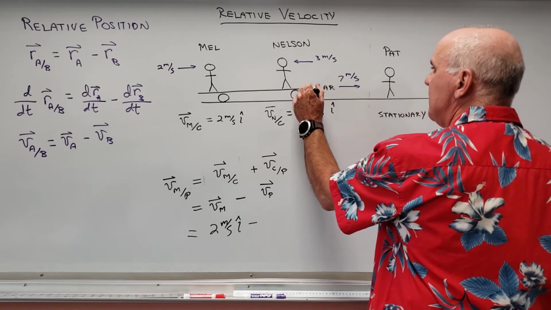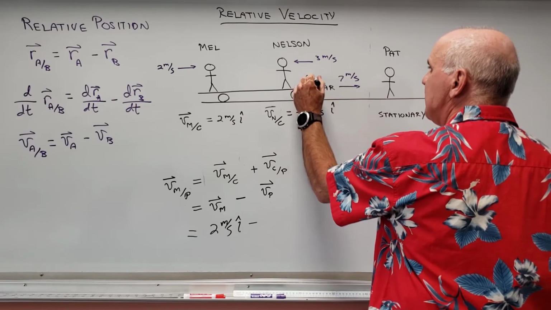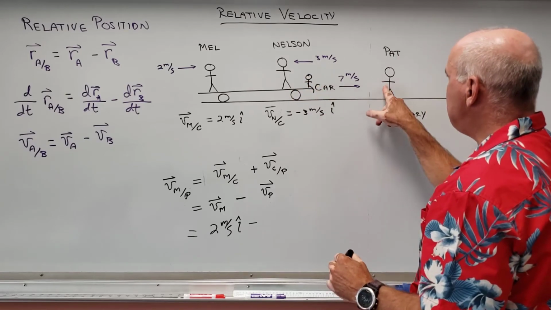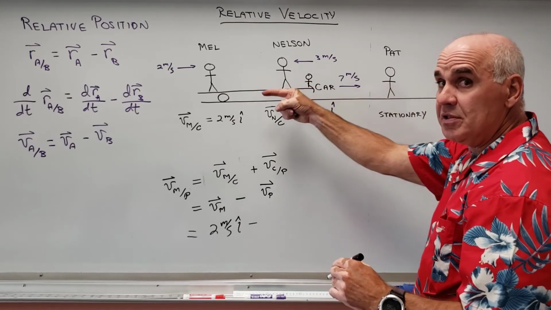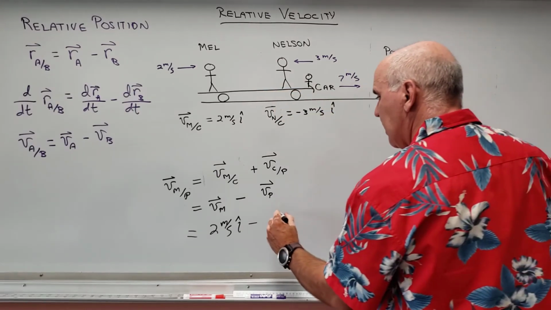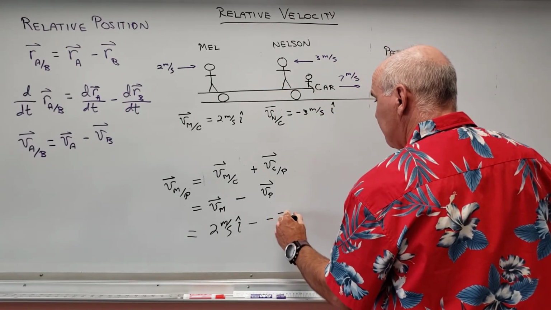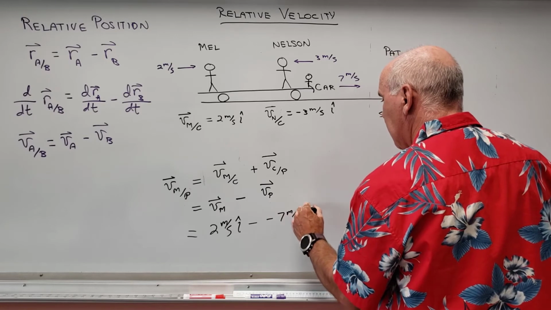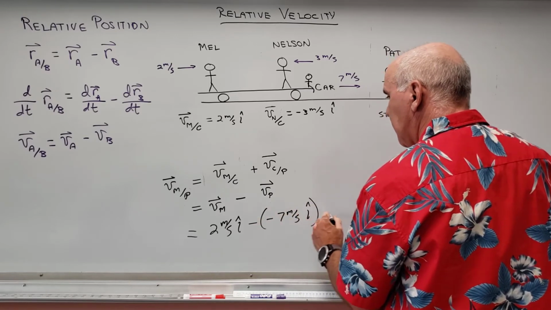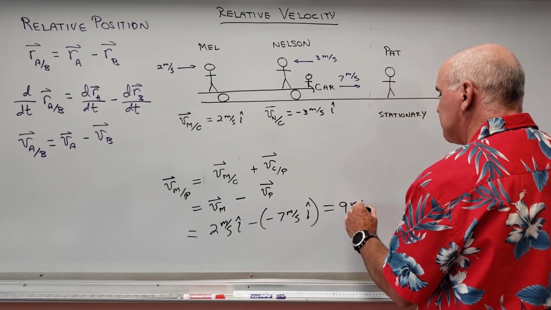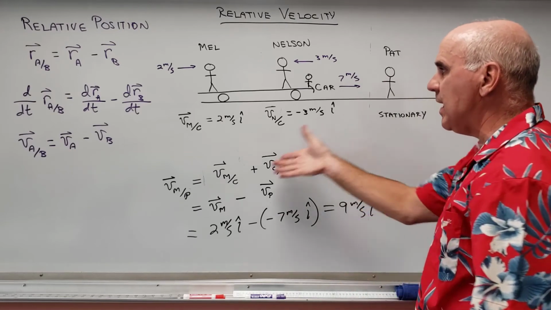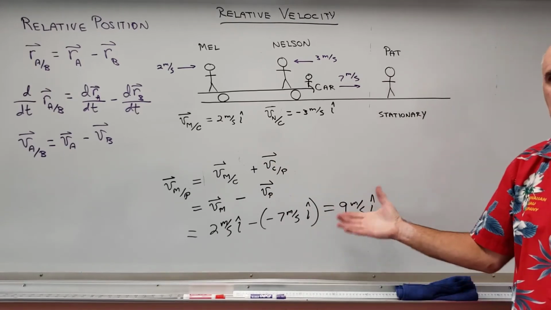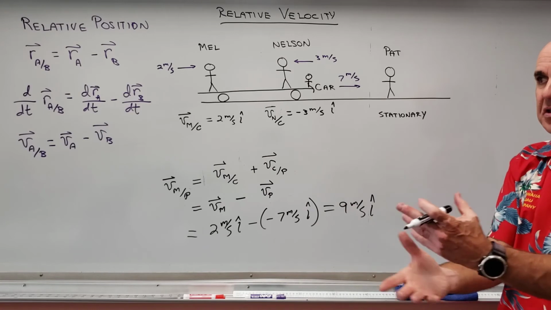Right? So if I have Bobby sitting here on the car, they see Pat moving towards them, which is in that direction. So this is minus 7 meters per second I hat. And so what do I get? I get 9 meters per second I hat, which is exactly what I had earlier. Same value.